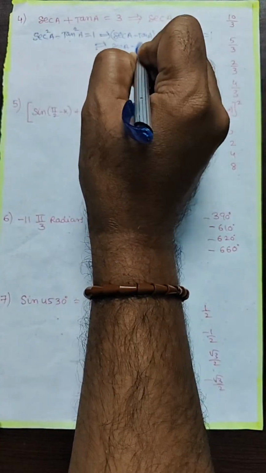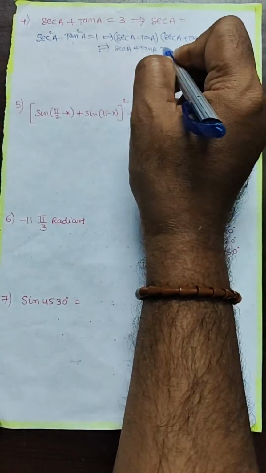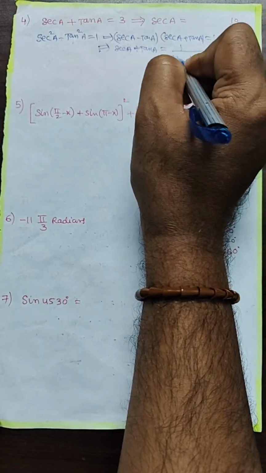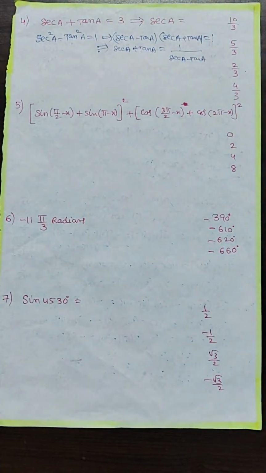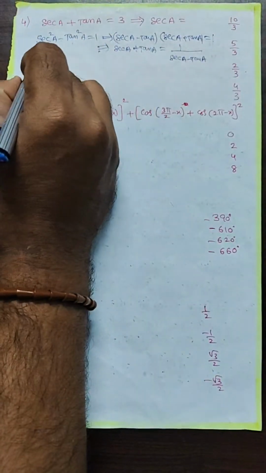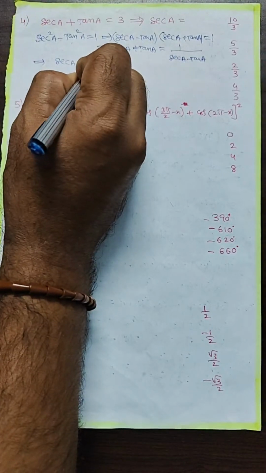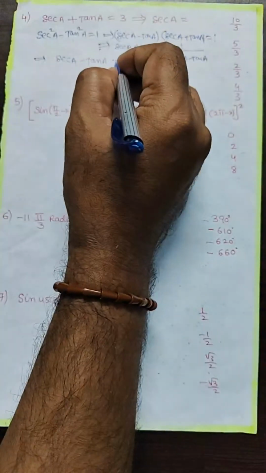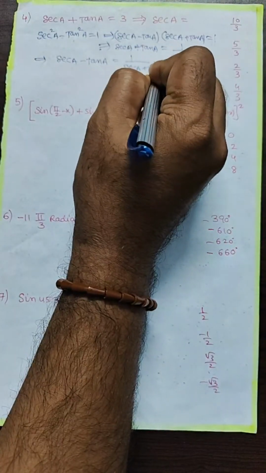From this, sec A plus tan A is equal to 1 by (sec A minus tan A). So you can substitute the sec A minus tan A value, or from this sec A minus tan A is equal to 1 by (sec A plus tan A).